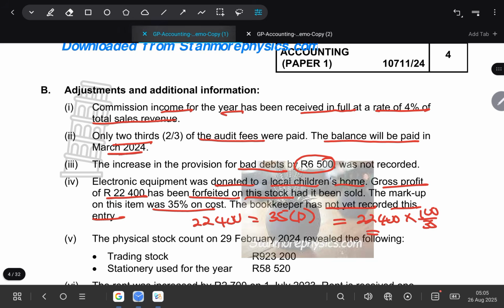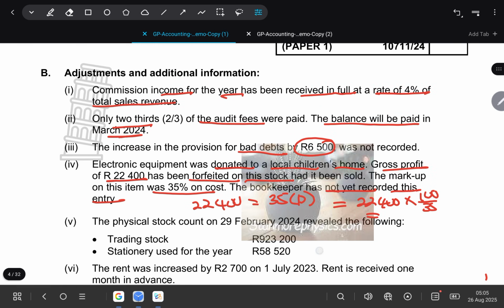Remember, this adjustment happened before they took the fiscal stock count. So when it comes to the fiscal stock count, you will take what is available after they've done the fiscal stock count.